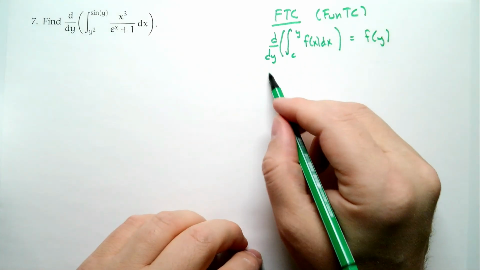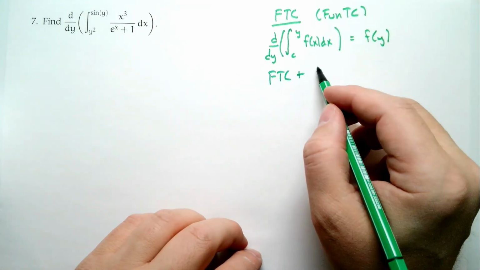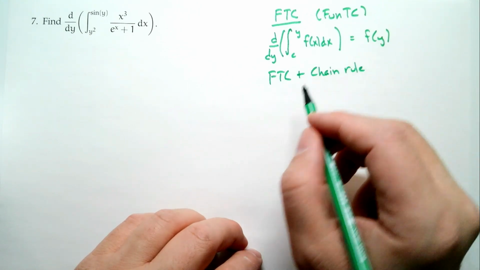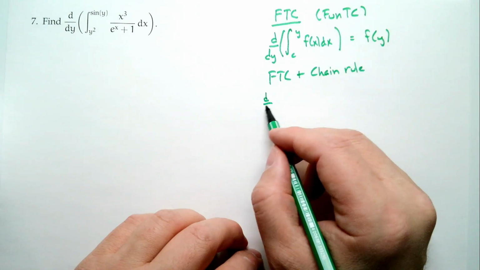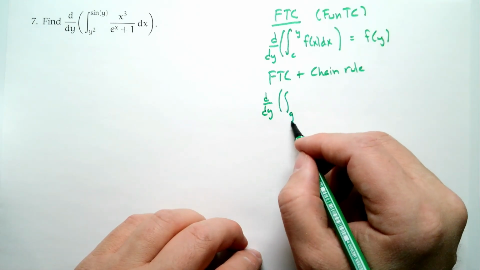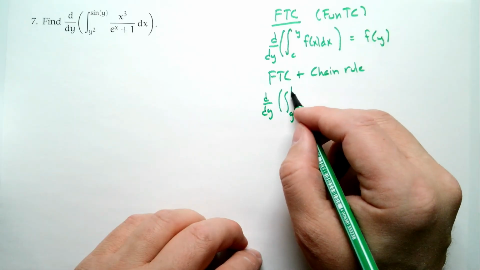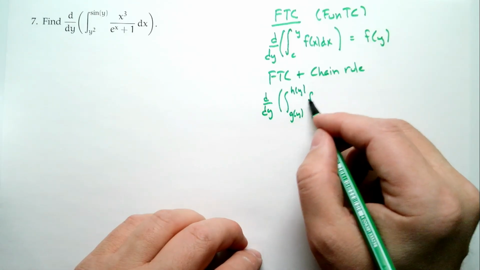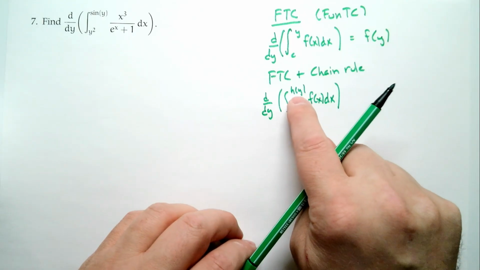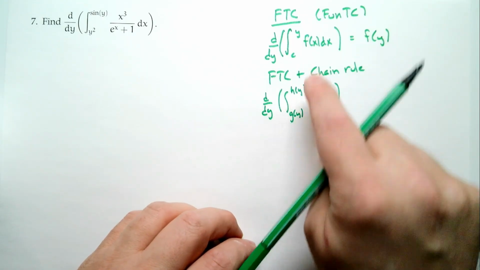If you take the fundamental theorem of calculus plus chain rule plus a few basic properties, then you get the following. The derivative with respect to y from, say, some function g of y to some function h of y of f of x dx. Well, what you're thinking here is that this h of y is sort of a function in a function.